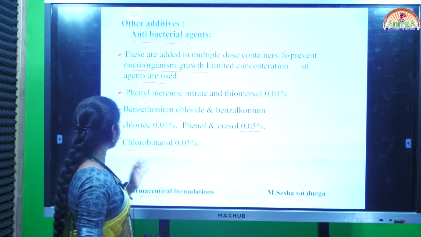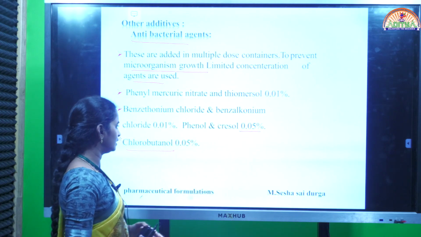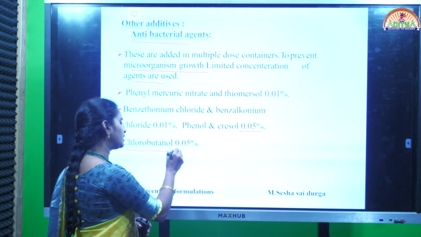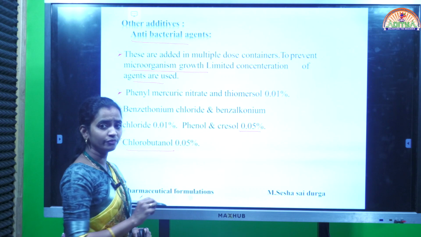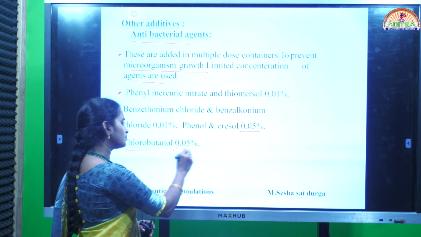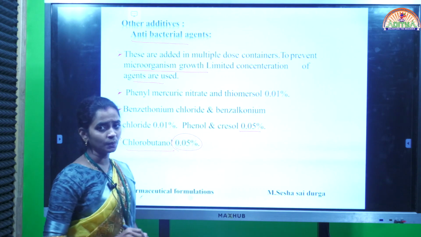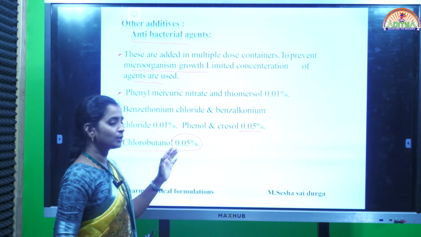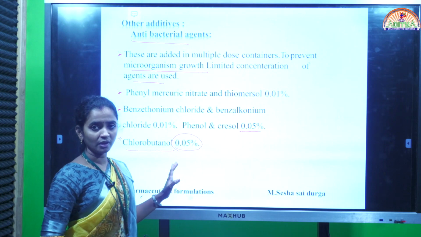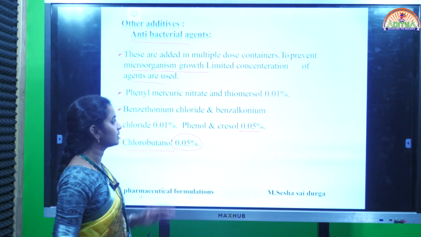For example, chlorobutanol, here the limitation range for addition into the parenteral is only 0.05%. Within this percentage only we should include it into the formulation, not over this limit. Not more than 0.05% should be included in the making of the parenteral dosage form.